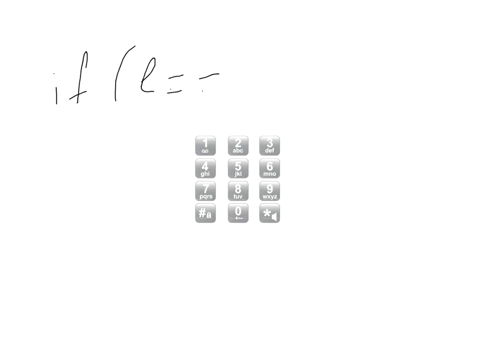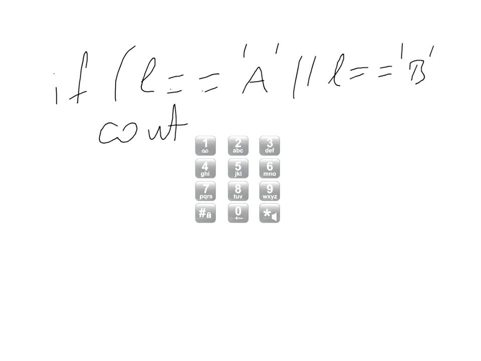Letter equals A, or letter equals B, and so forth, right? Then cout 2.